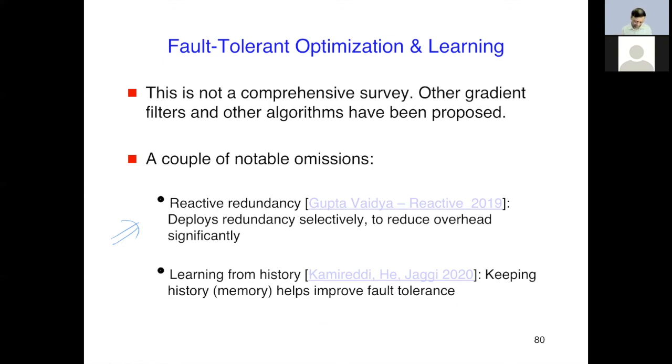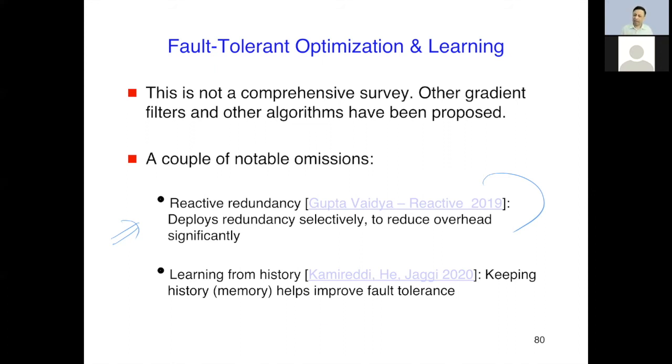So the idea is to get the best of both: the performance or overhead of the case when there are no faulty agents, and yet the ability to tolerate faults. One simple idea is that maybe I should check every once in a while whether the gradients that the agents are supplying to me are indeed accurate.